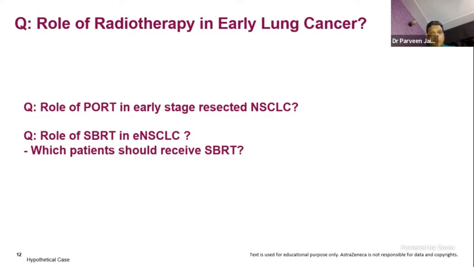In stage 3, if we talk about the nodal status, N1 no role, N2 Lung ART trial has shown there is not much role for adjuvant RT.